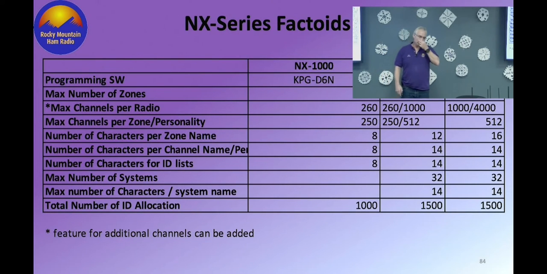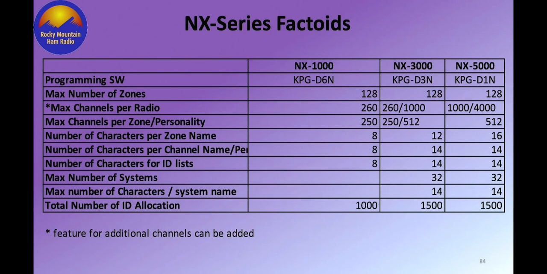Some of the factoids, as I called them, and some of the code plug preparations: when you're starting from scratch, you need to figure out how many zones you want, if any. If you don't want to use any zones, how many channels can you have per a specific zone? It's also the character fields. If you're going to name the channels or the zones, they vary with the different versions of software.